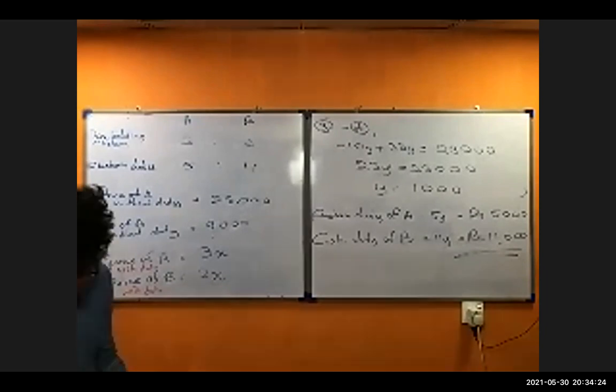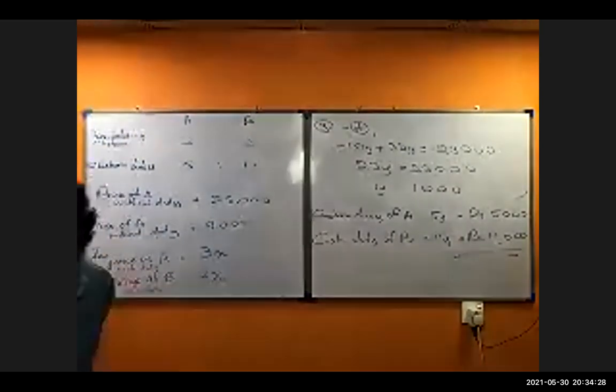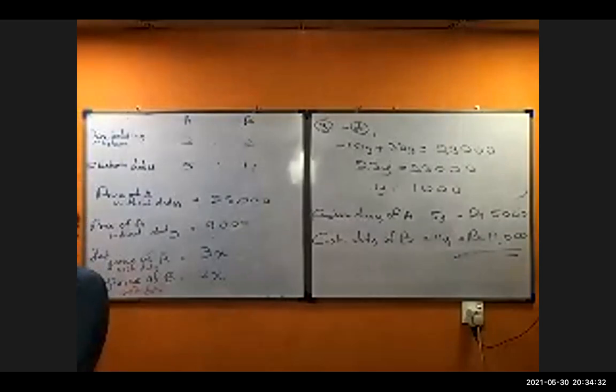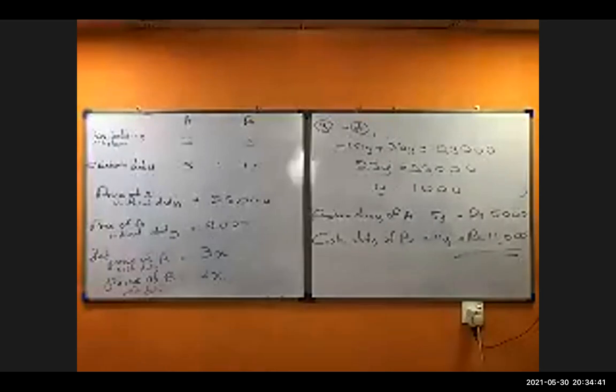Okay, let's try question number 6. If 8 eggs cost 120, find the cost of a dozen eggs. You know dozen means 12, right? So dozen means 12. Easy question. After a difficult question, you have an easy question.